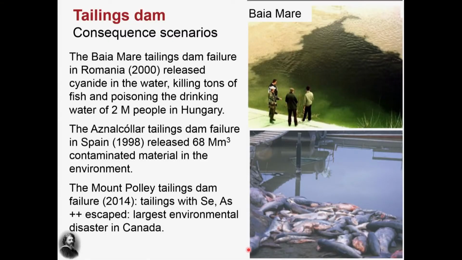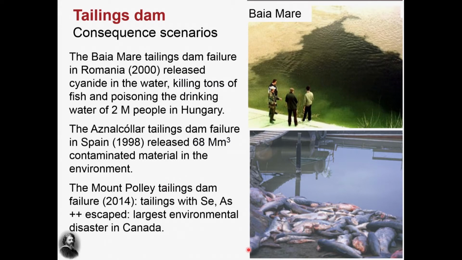We are in Romania. And the Baia Mare tailings dam in Romania failed in 2000 and released cyanide in water, killing tons of fish and poisoning the drinking water for 2 million people, not in Romania, in Hungary. So it's Hungary who's very concerned with this new dam.